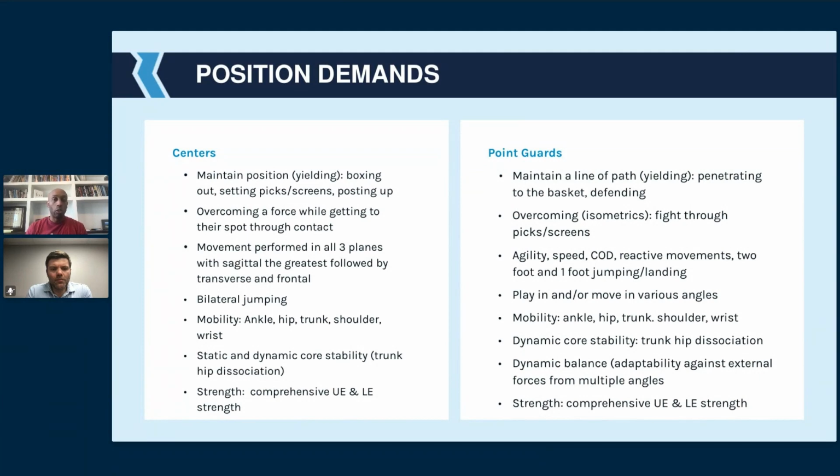Compared to guards, where you see now the way the game is evolving, they have so many different finishes where they're going off on the wrong foot normally for a layup. They are doing floaters, right? So there's one foot, one legged floaters. So they have to have the variety in their game to hop, land, and jump off of both feet as well as 1 foot. When it comes to angles, again, I think you're going to find that guards have to deal with a lot more angles when they're defending and nowadays when they're playing.